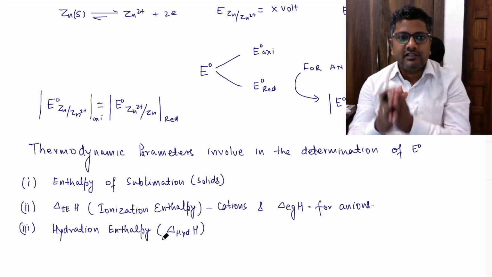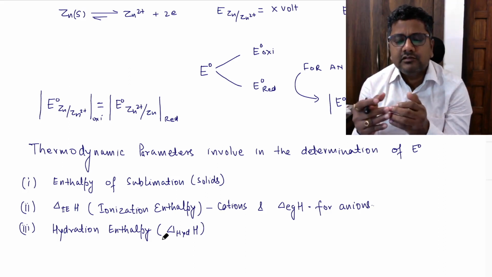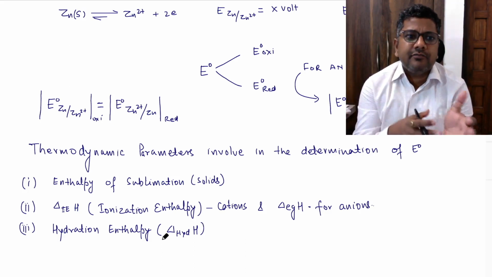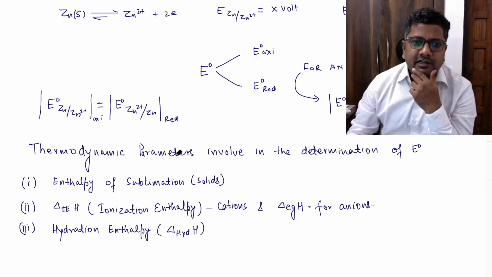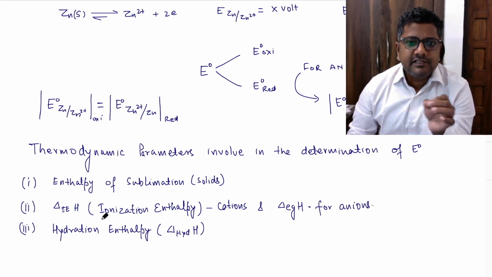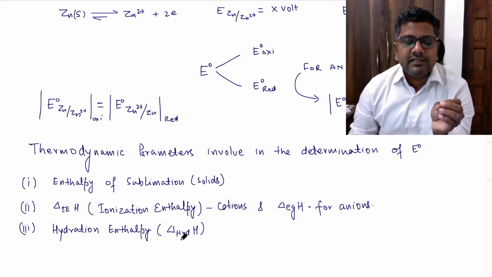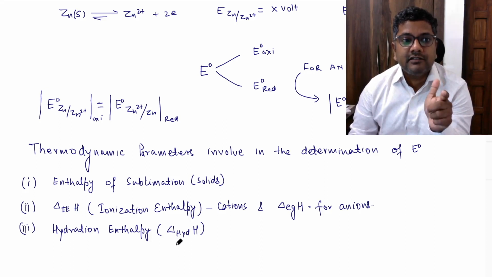So this is the reason why E naught is different for different materials, because copper and zinc have different enthalpy of sublimation, different ionization enthalpy, and different hydration enthalpy. So this is the reason why different electrodes have different E naught values.